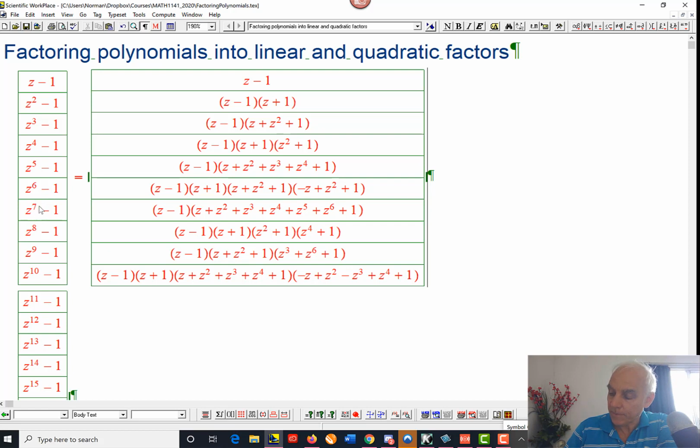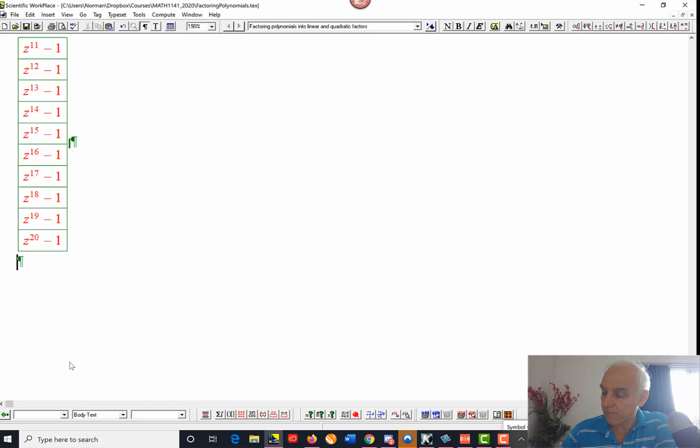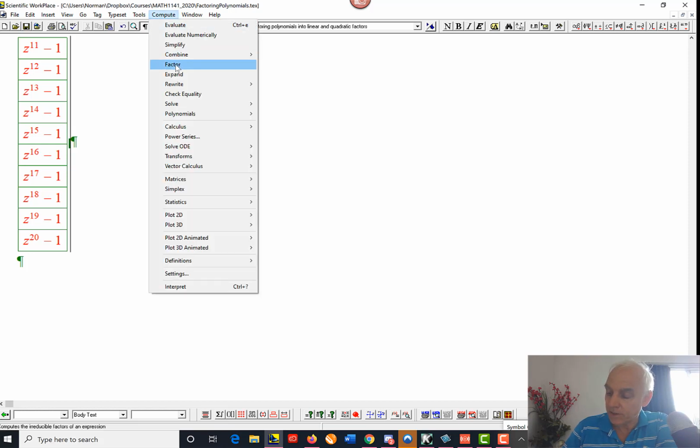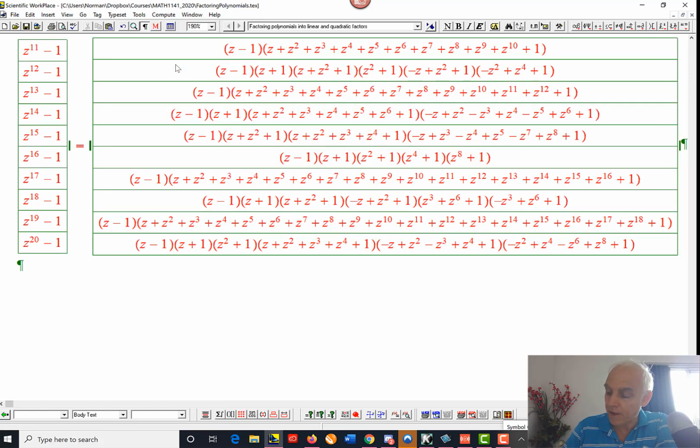If the exponent is a prime, then we get just a whole sum like this, 1 plus z plus z squared, all the way up to z to the prime minus 1. Same thing here with z to the 5. And if I scroll down a little bit, you'll see the same kind of thing can happen with the higher powers. Let's factor all of those as well. Okay, a little bit more complicated here.